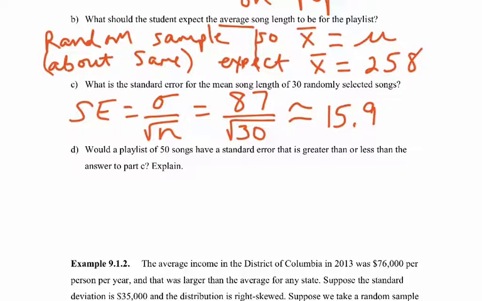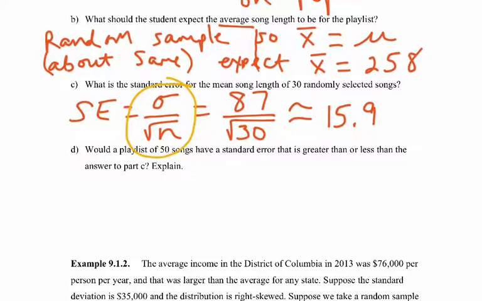If n is larger, what happens to this fraction? If the denominator gets larger, the entire fraction gets smaller. So it should be less than.